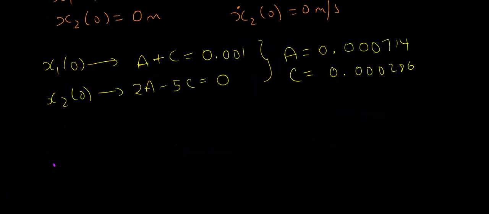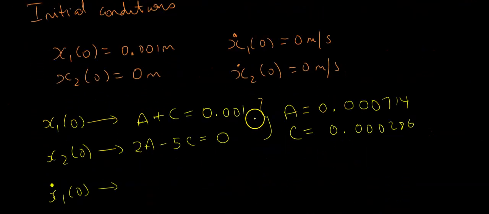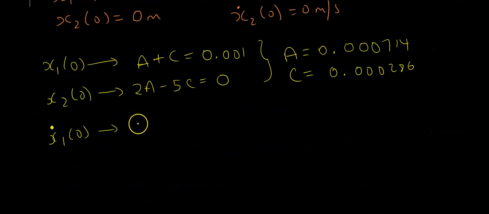Now let's say we wanted x1 dot 0, the velocity, right? So x dot 10. What does that lead us to? Well, again, when t is equal to 0, this sine term disappears here, but you end up with omega 1 b across here because this becomes 1. Sine term disappears here because sine of 0 is 0, and you end up with omega 2 d across here. So what I end up with is just omega 1 b plus omega 2 d is equal to 0, right?